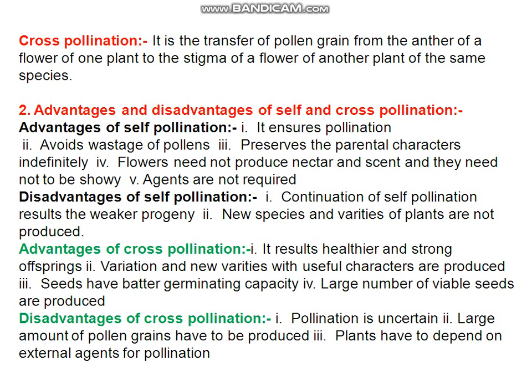Number 4, flowers need not produce nectar and scent, and they need not be showy. In case of cross-pollination, the flowers are showy and produce nectar and scent, I mean perfume or nice smell, to attract the agents, especially the insects.